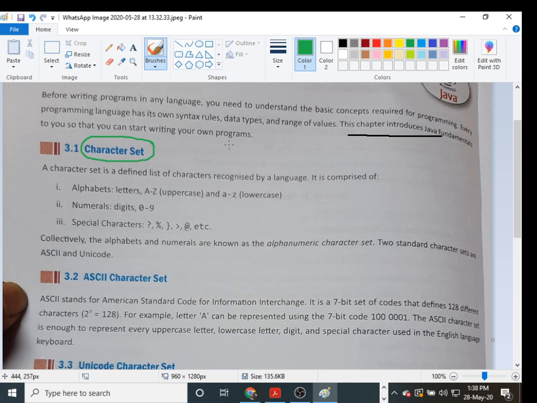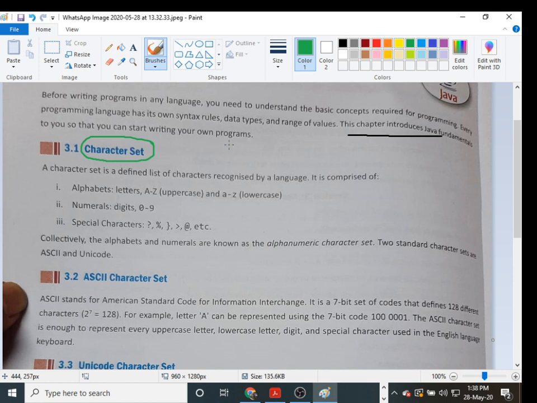Means the characters of the Hindi language, you use those characters while you are speaking in Hindi. But when you are speaking in English, you use the character set of English, that is A, B, C, D, E, F, G, H.